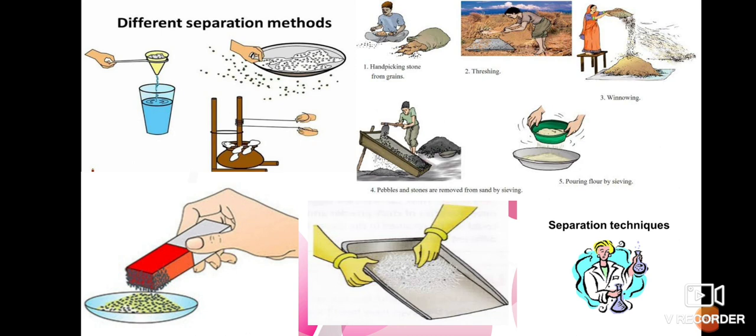If you mix flour and sand and have to separate them, we can use filtration by sieving. Then to separate cream from buttermilk, we use the churning method. Hand picking stones from grains is a physical method.